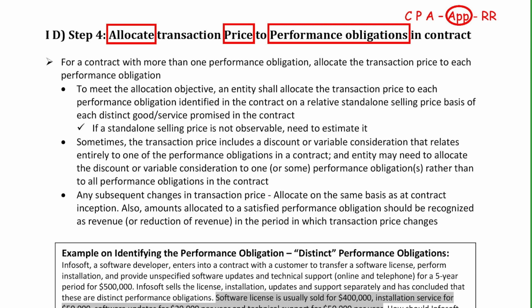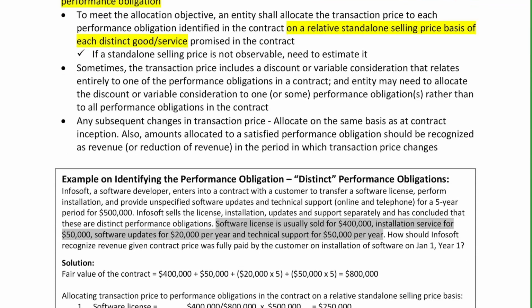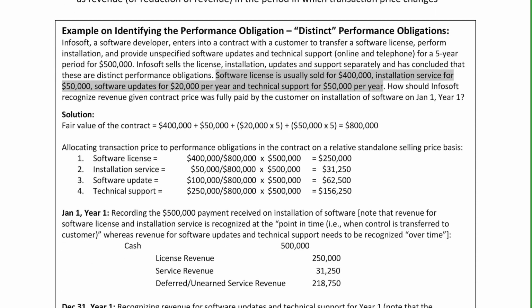For contracts with more than one performance obligation, we need to allocate the transaction price to each performance obligation, and this needs to be done on a relative standalone selling price basis of each distinct good or service in the contract. Let's look at the example on this page.